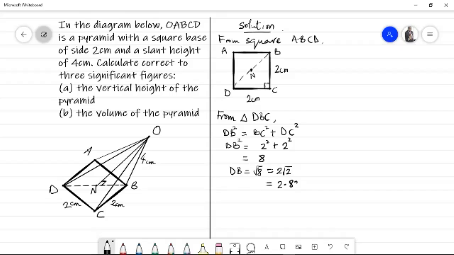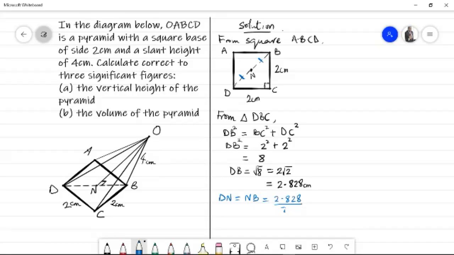So DN is equal to NB, and they are both equal to 2.828 divided by 2, half of that. So the final answer for NB is going to be 1.414 centimeters. What we have calculated here is NB, so our focus is on NB now.